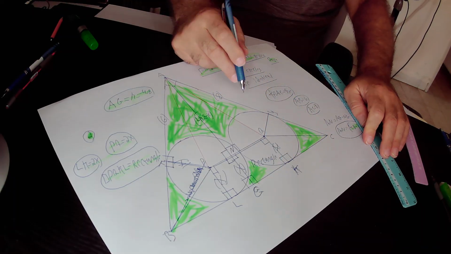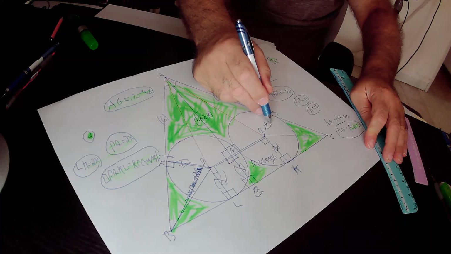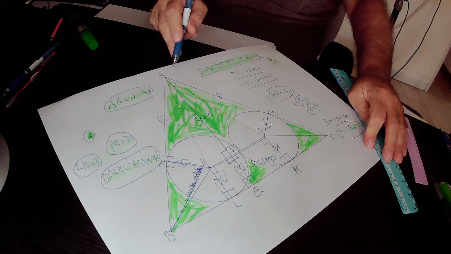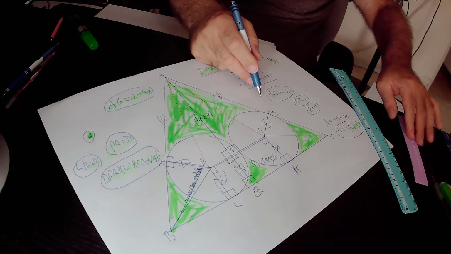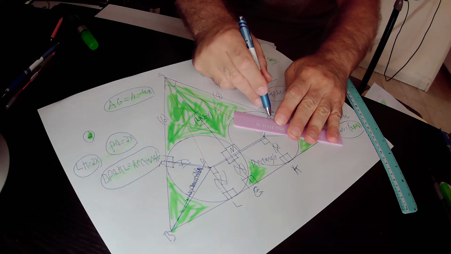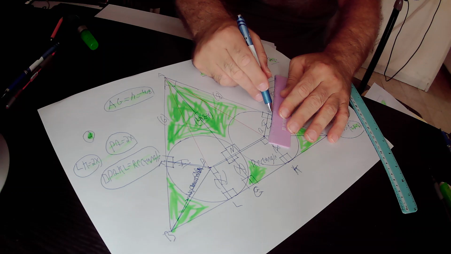QY is of course the radius of this circle. It equals x. Again, point Y is the point of tangency of tangent AC with this circle, and therefore, according to rule 1, this angle equals 90 degrees, and this angle also equals 90 degrees.